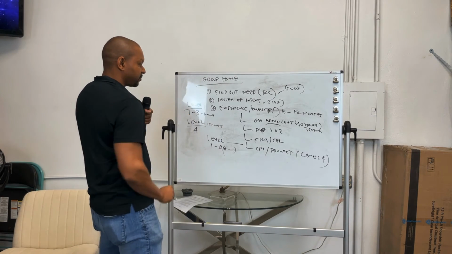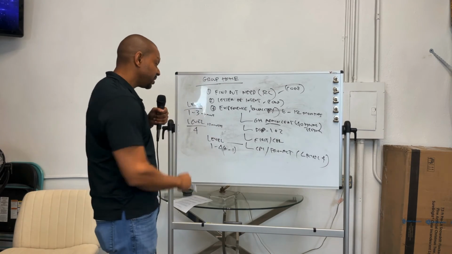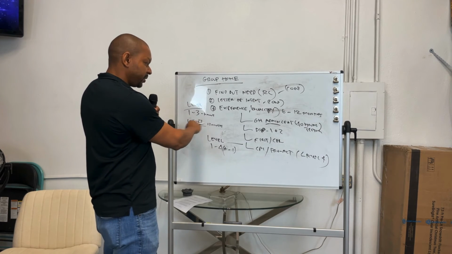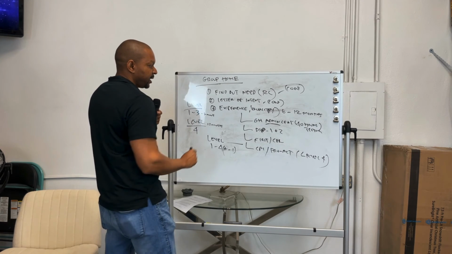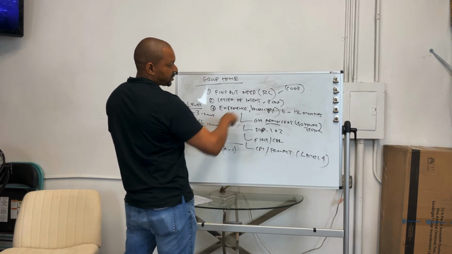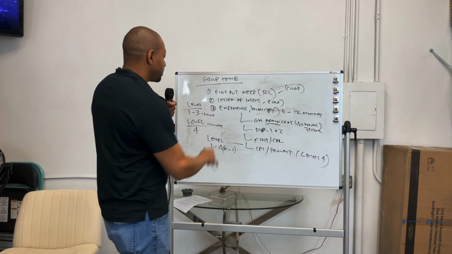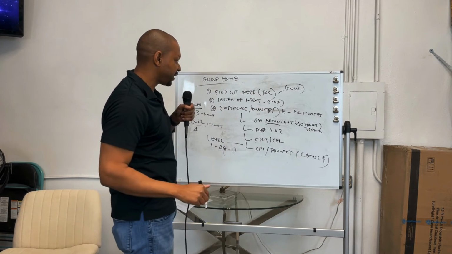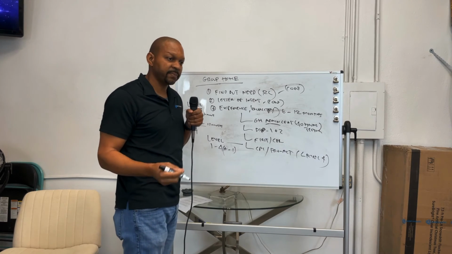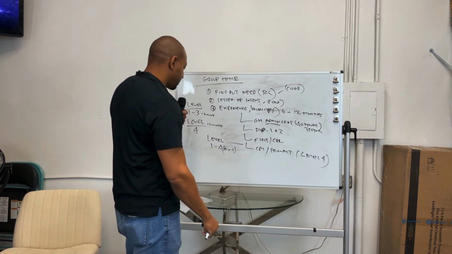So keep that in mind as well. Level 1 through 3, you need 6 months. Level 4, you need 12 months. And so depending on what the regional center tells you they have a need for, you can base your experience off of that. Now, say you don't have experience, but you still want to develop a facility.